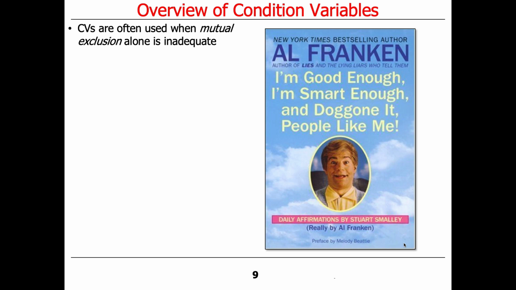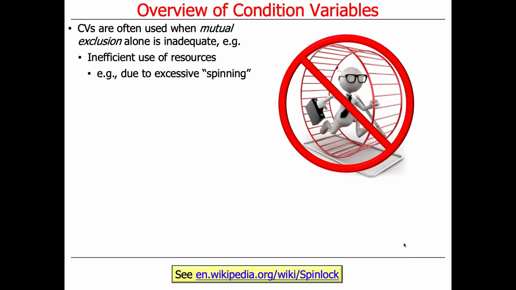So when mutual exclusion alone is inadequate, like poor Stuart Smalley, condition variables can help to make them better. Why would mutual exclusion alone be inadequate? Well, one reason is because you may end up having your threads busy waiting and spinning. They're spinning, spinning, spinning if you don't use condition variables.